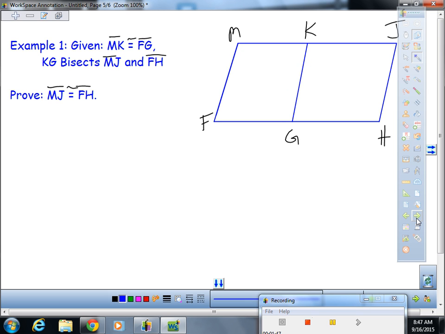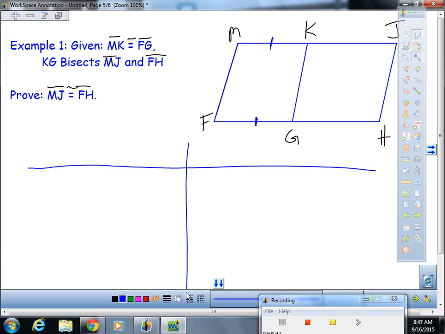Given MK is congruent to FG, and KG bisects MJ and FH. Well, notice, 2 things are being bisected. So when we see that 2 things are being bisected, we're going to get in the habit of thinking about the multiplication or the division properties.